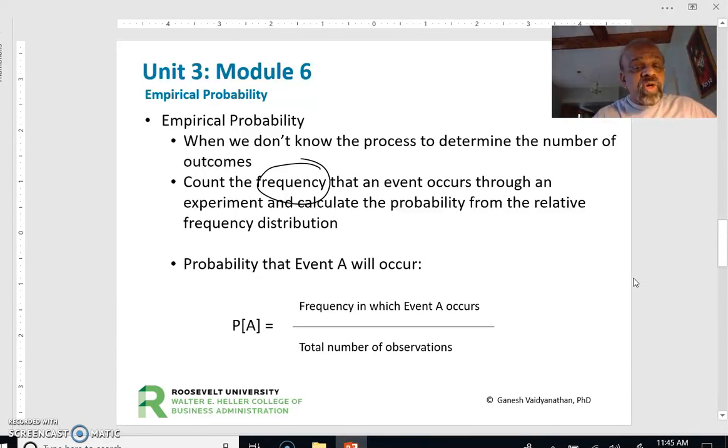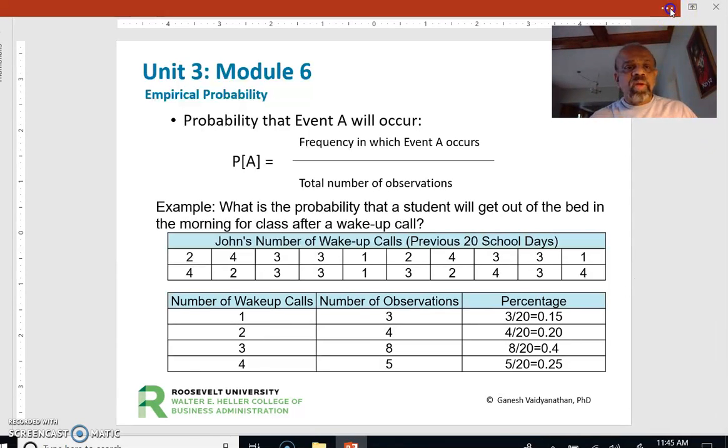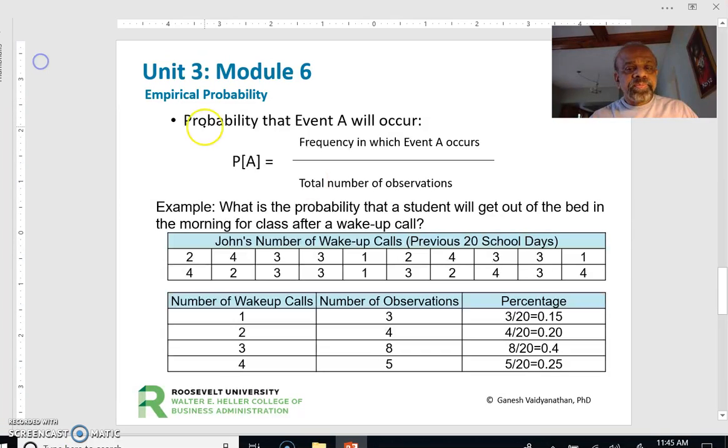The probability of event A in empirical probability is the frequency in which event A occurs over the total number of observations. That's what we talked about.